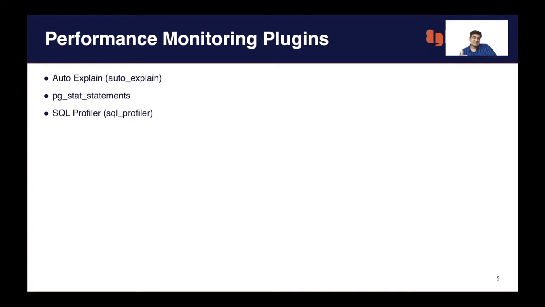Then there is one more plugin, SQL Profiler, which is a mix of auto_explain and pg_stat_statements. How it is different from auto_explain and pg_stat_statements is that you can actually create traces, like you want to target a particular database, or you want to target a particular user's execution, and that can be controlled using SQL Profiler.